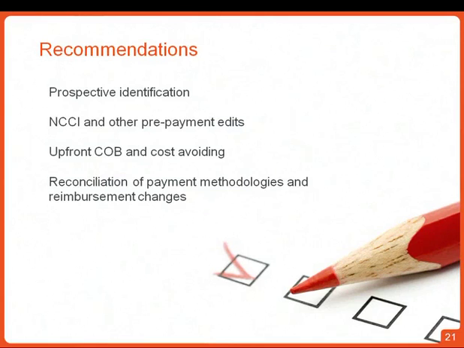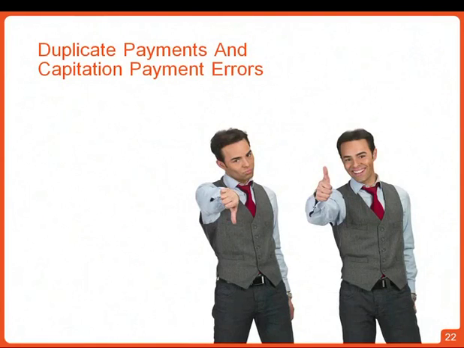The last point we'll discuss is duplicate payments and capitation payment errors. Often, multiple payments are made to providers for individuals with more than one Medicaid number. This practice regularly wastes millions of dollars.